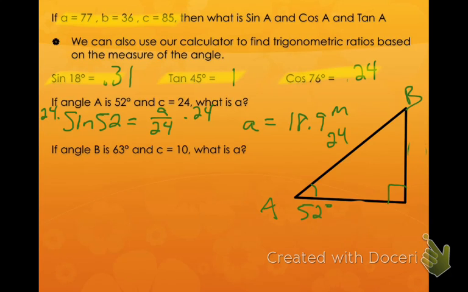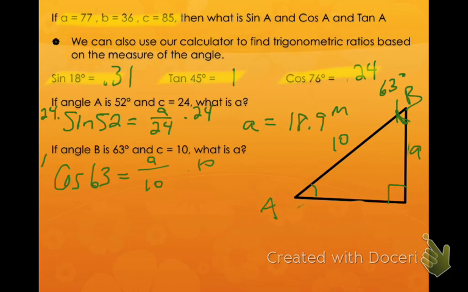Same thing here. Angle is 63 degrees. C is 10, and I want to figure out again what A is equal to. So again, I'm using B, and so that would be cosine of 63 is equal to A over 10.